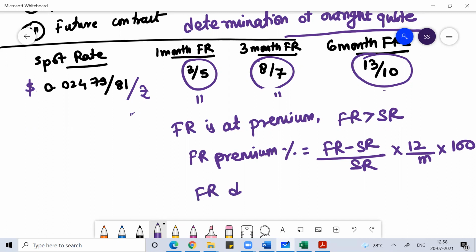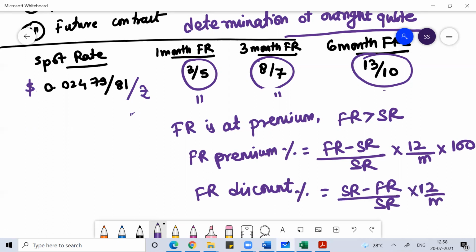Similarly, if you want to find the forward rate discount percentage, that will be spot rate minus forward rate, because spot rate will be more, divided by spot rate, into 12 by M, into 100. Where M basically talks about how many months the contract is. Many times in books you see 360 by N, where N talks about the number of days of the contract.